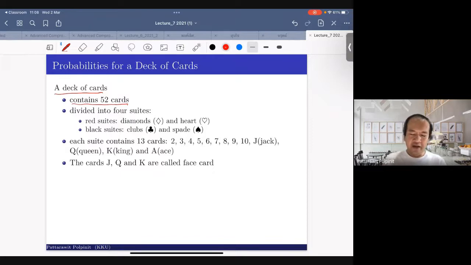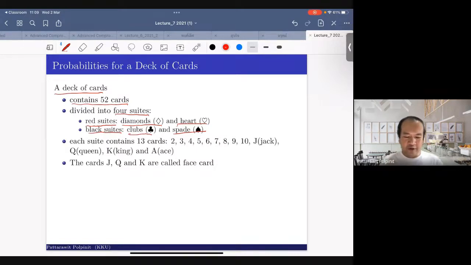cards. These 52 cards are divided into 4 suits, or two color suits: red suits and black suits. The red suits are diamond and heart, and the black suits are club and spade.